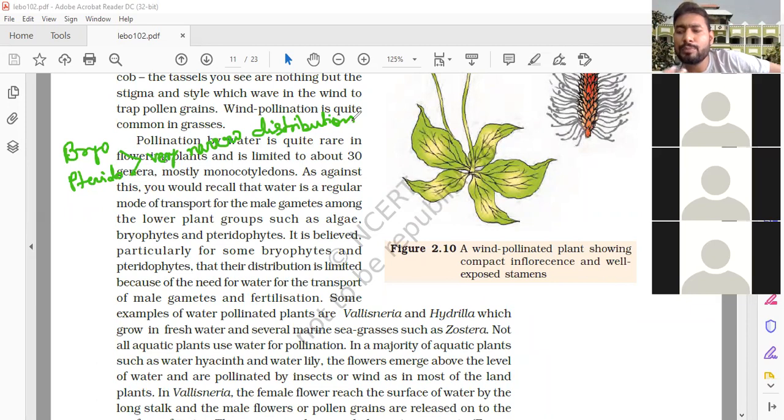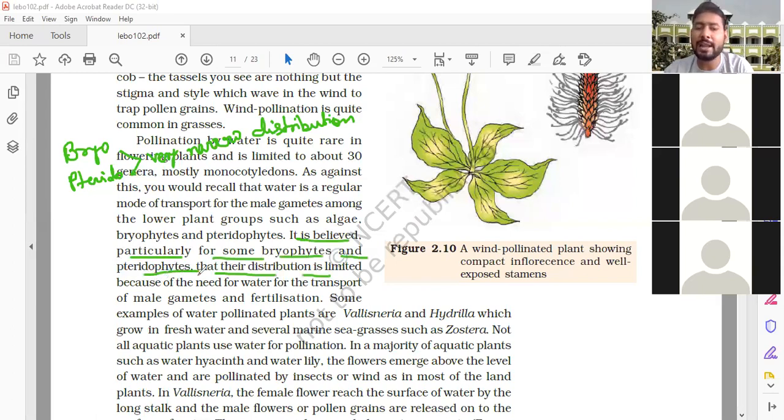So due to the need of water. If water is present, with the help of water they can move anywhere, but water was not there for performing such activity. So the distribution of bryophytes and pteridophytes is narrow in range. You can read: it is believed that particularly for some bryophytes and pteridophytes, their distribution is limited.